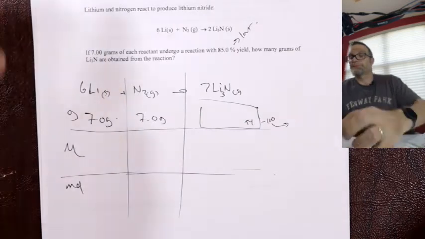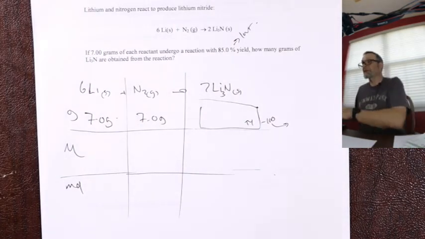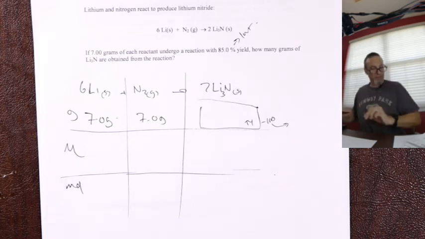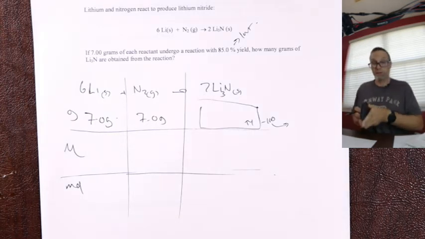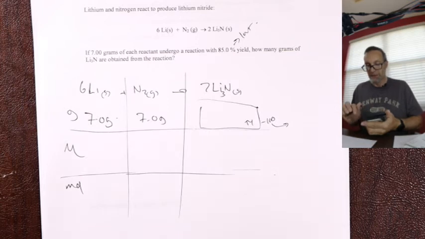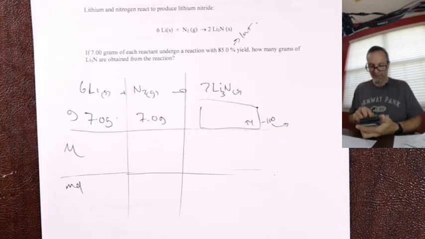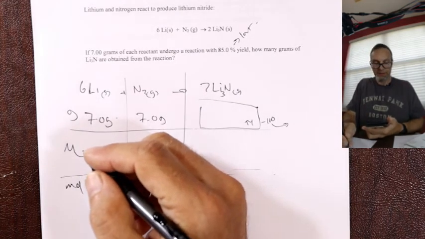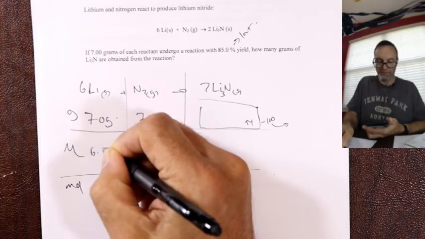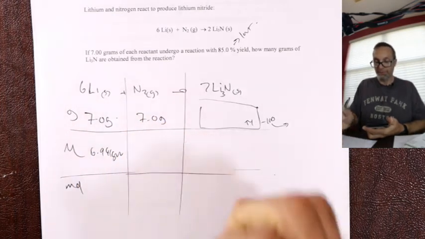So molecular weight. My periodic table is around here somewhere. Of course, I can't find it, so good old Google, right? So lithium, I think it's 6 point something. Molar mass of lithium is 6.941 grams per mole.